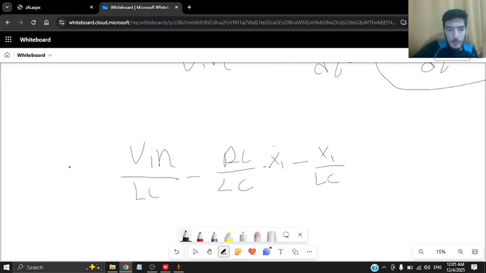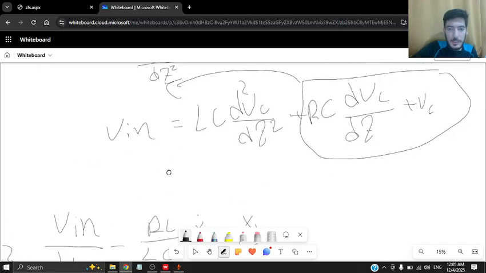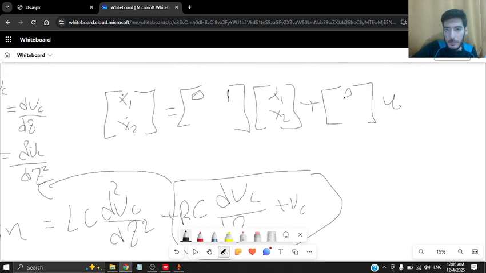So for x2 differentiated, it will have one input that is 1 over Lc. So here it will be 0 and here 1 over Lc.